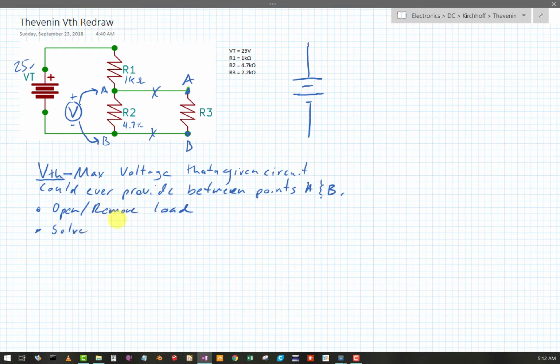Solve the circuit with all given values and load removed. Okay.